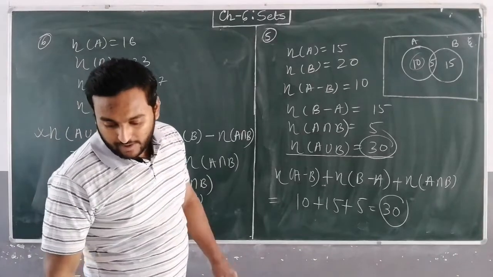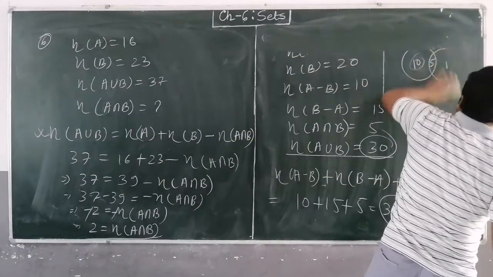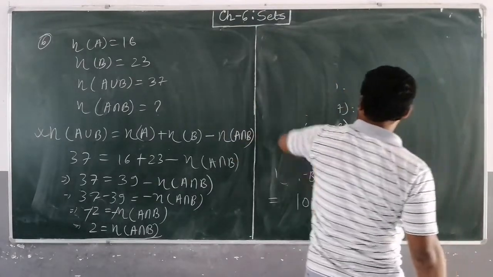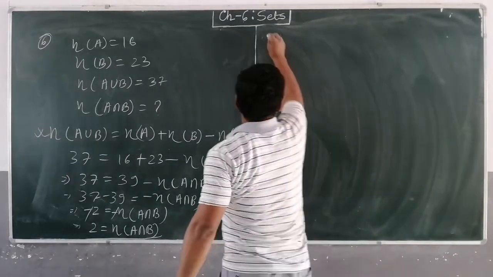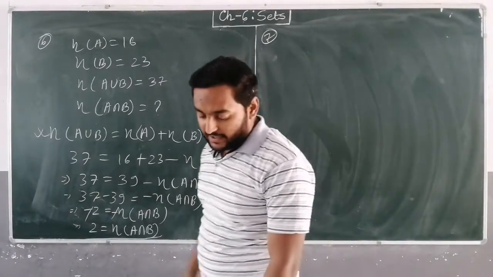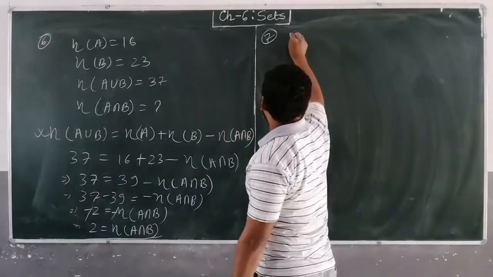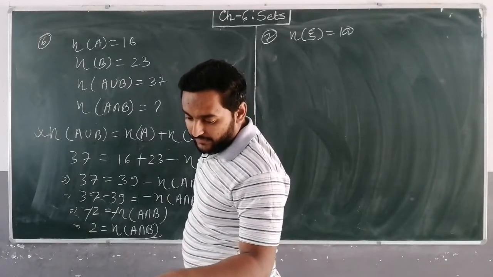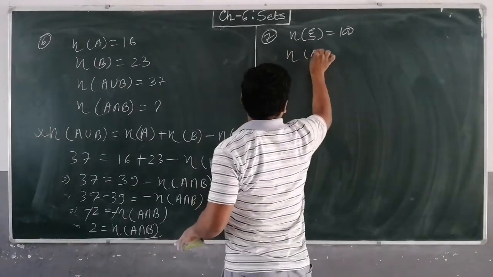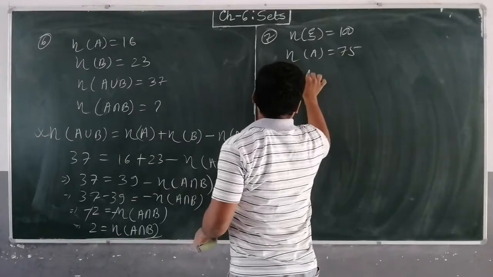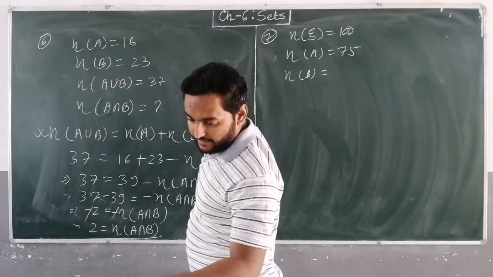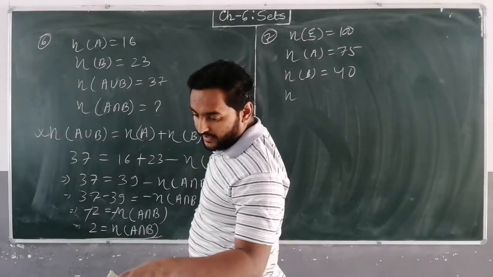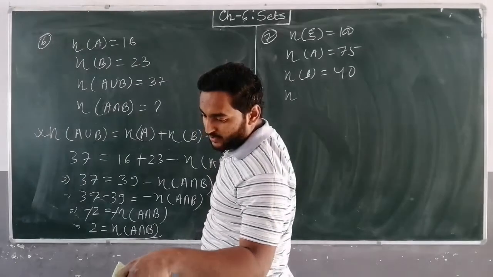Now come to the next question, question number 7. In question number 7, it is given that cardinality of the universal set is 100, cardinality of A is 75, cardinality of B is 40, and cardinality of A intersection B is 25.